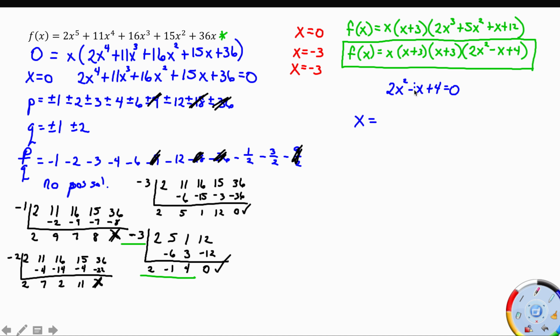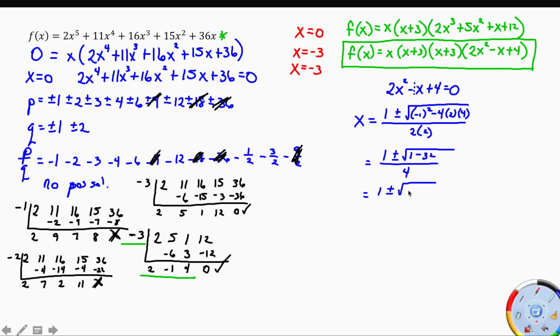Remember that b is -1, so -b plus or minus the square root of b squared minus 4 times a times c all over 2 times a, which is 1 plus or minus the square root of 1 minus 8 times 4 is 32 all over 4, which is 1 plus or minus the square root of -31 all over 4, which is 1 plus or minus i square roots of 31 all over 4.